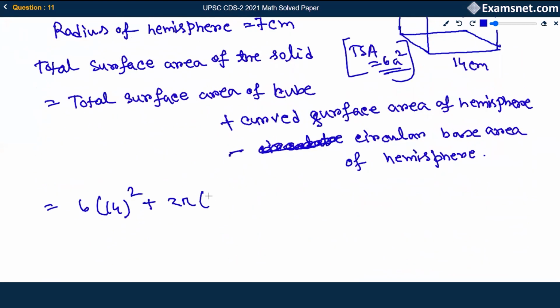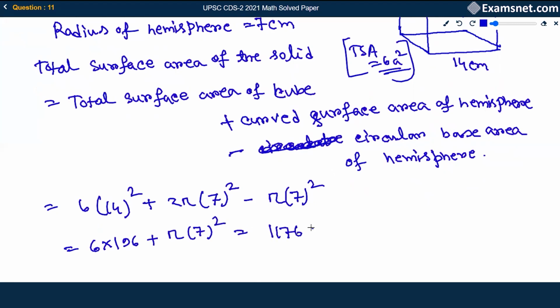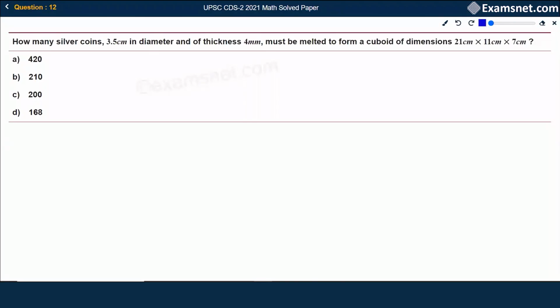So 2 pi r, 7 whole square, minus circular base pi r square, pi 7 whole square. So it will give me 1330.